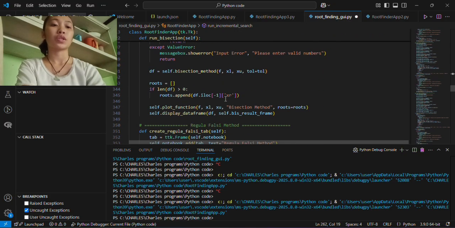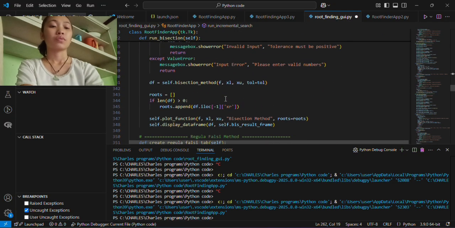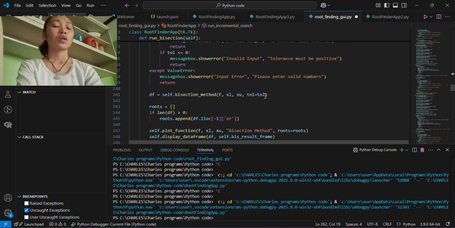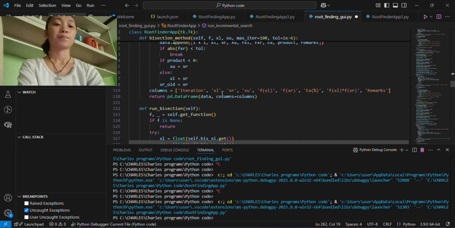Columns equals iteration, xl. This is a code that converts saved data into a table for display.